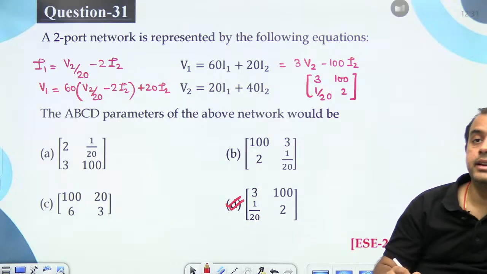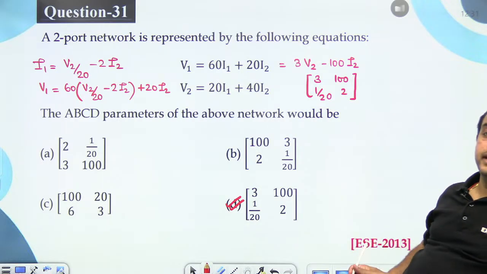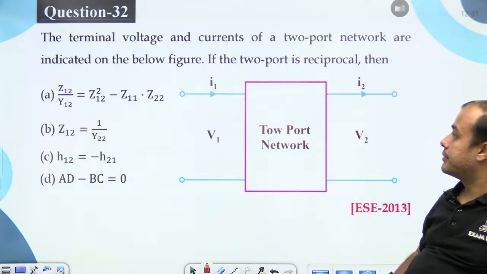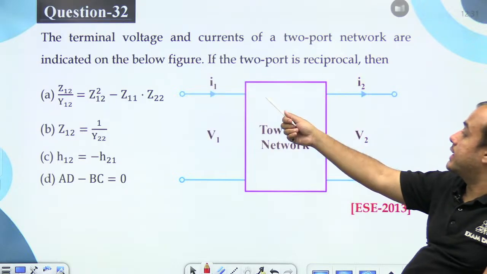Answer is D: 300, 1 by 20 and 2. ESE 2013.